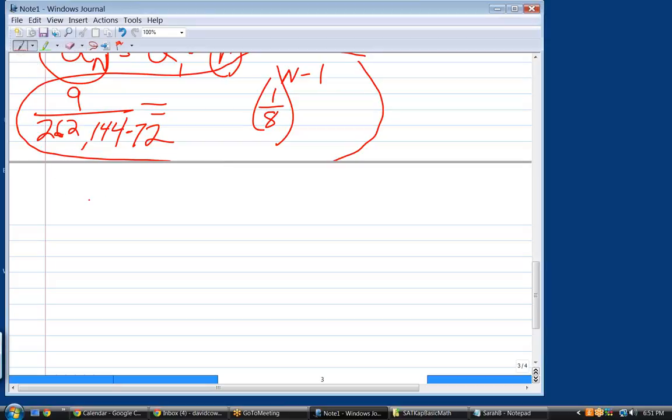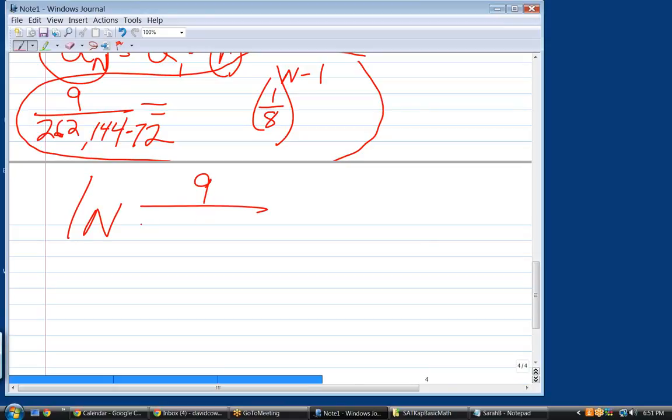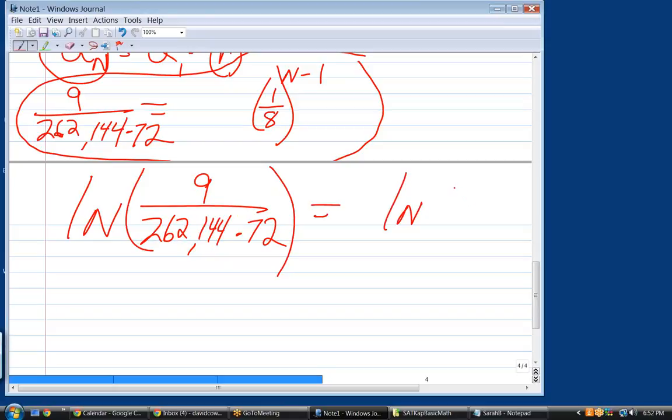So I've got on the left side the natural log of this horrendous number. But we can certainly figure out what the natural log of that is. It's just a number. That's equal to the natural log of 1/8 to the n minus 1. And now what can I do with the n minus 1?